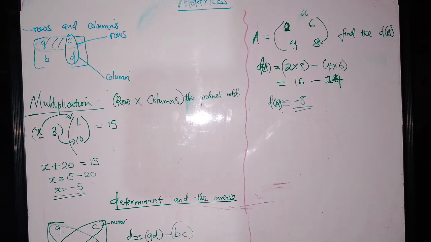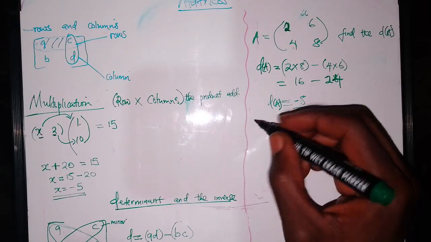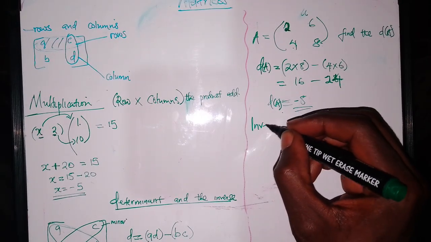Now that you have understood how we calculate the determinant, how do we calculate the inverse? I started by teaching you how to calculate the determinant because the inverse is related to the determinant. So how do you calculate the inverse of a matrix? This is the final part.